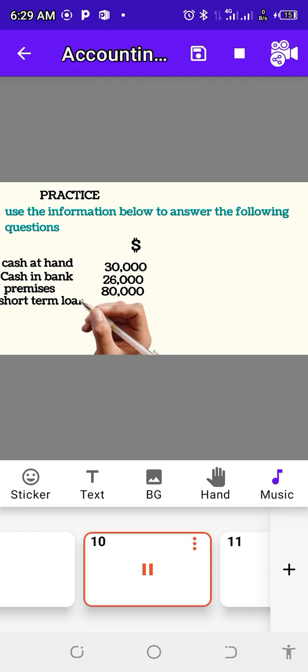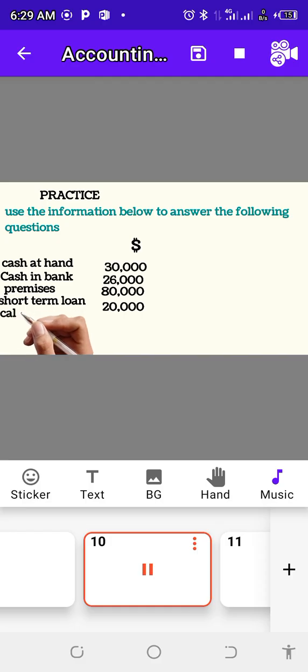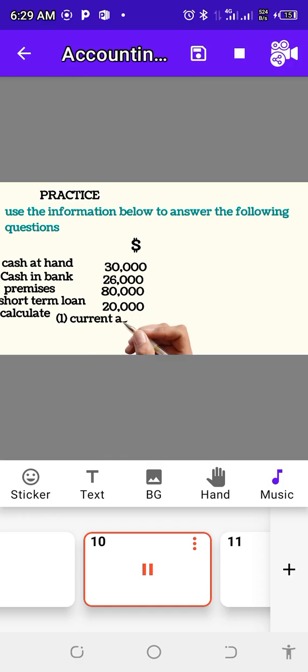Calculate: one, current assets; two, non-current assets; three, current liability.